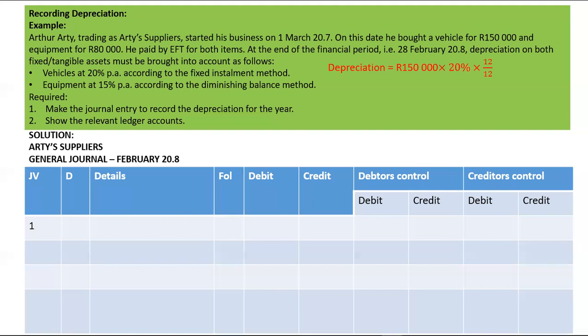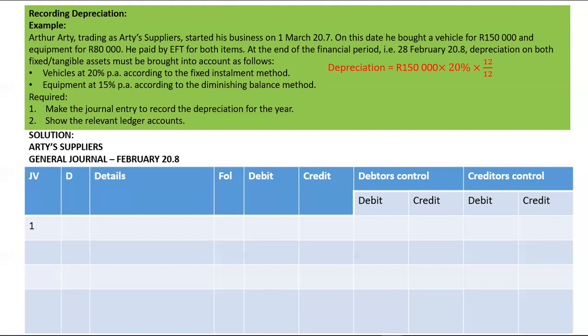If I only used it for 6 months, I was going to multiply this whole thing by 6 over 12. So it's very important that you draw the current financial year so that you don't make mistakes, and make sure that you do not miscalculate your months, especially the month you bought the asset.